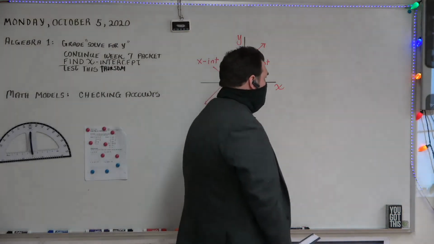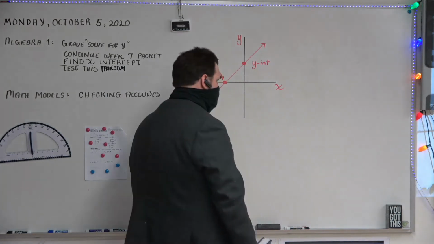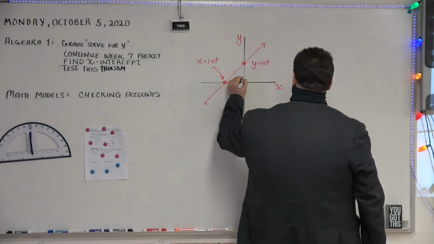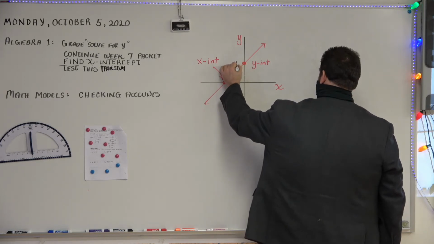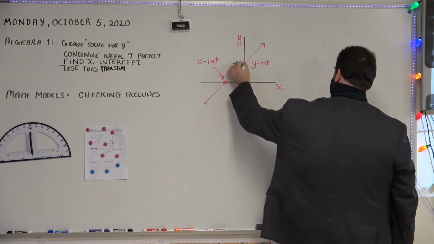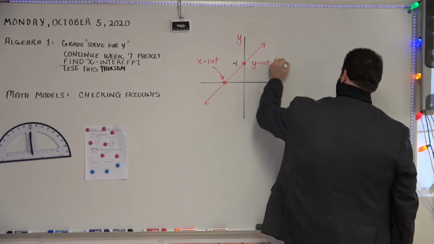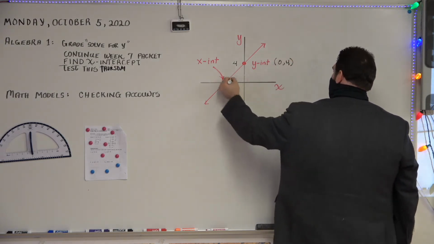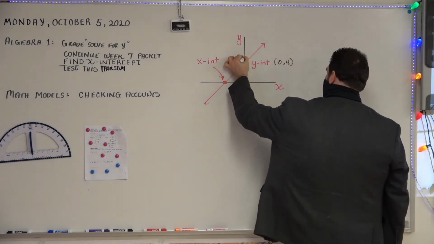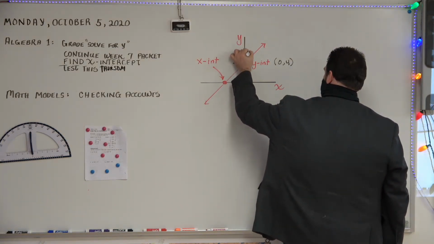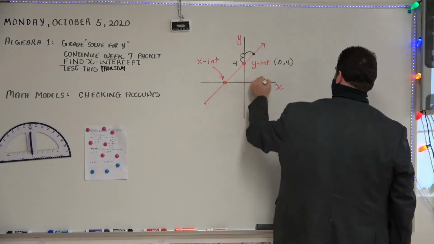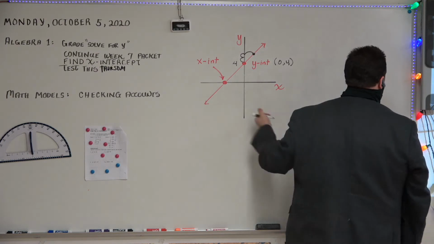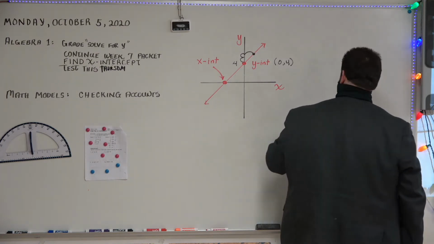Okay? So let's put some numbers to this, ladies and gentlemen. Let's say that this is 4, so my y-intercept is at (0, 4). And let's say that my slope is up 2 over 1. We'll make that a big jump. So I have a slope of 2 and a y-intercept of 4.